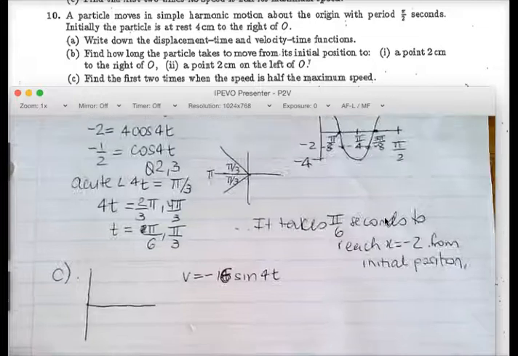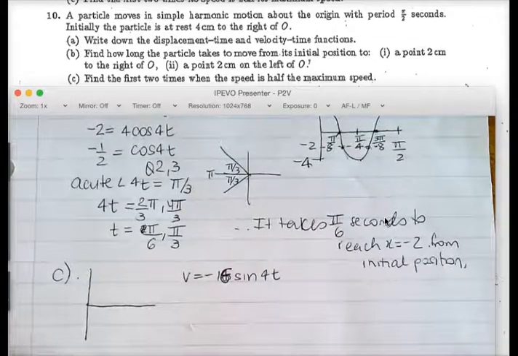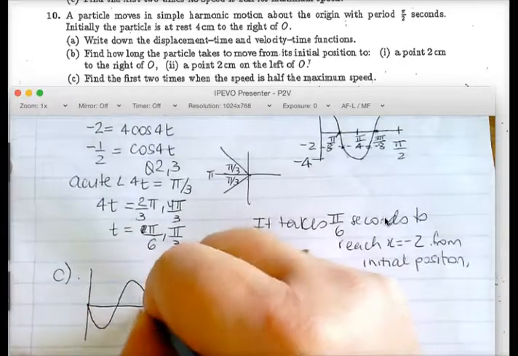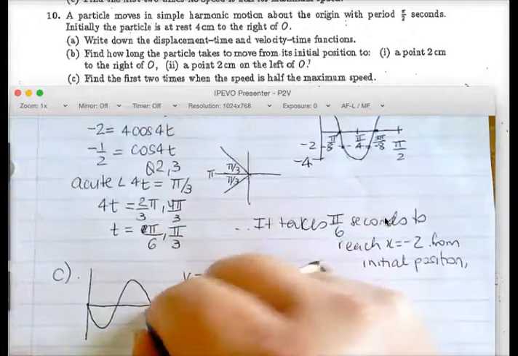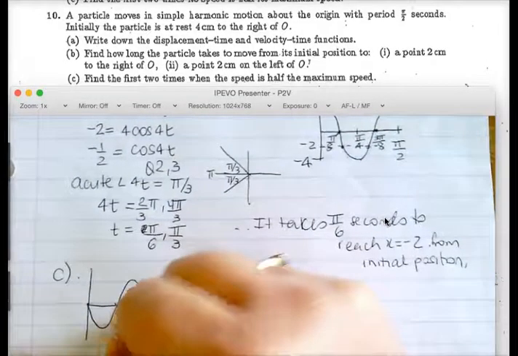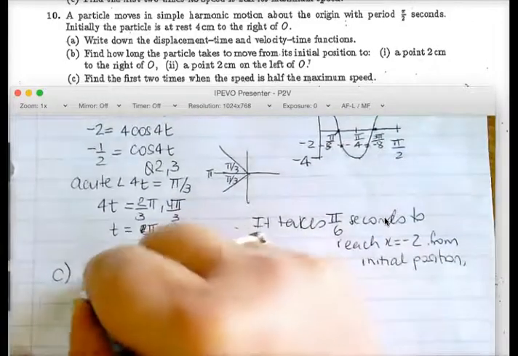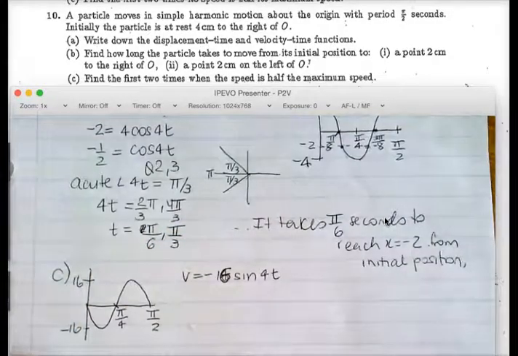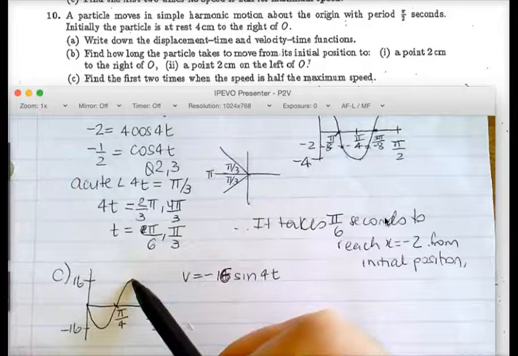That's the velocity curve. What is it? Negative 16 sine 4t. That's a negative sine curve, so I draw it. The period will be the same as the other one, pi on 2. And the amplitude is 16. There's negative 16. So tell me when we're half the maximum speed. Maximum speed 16.